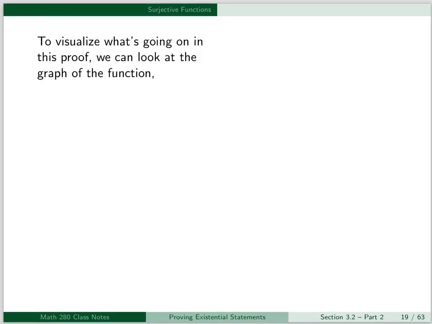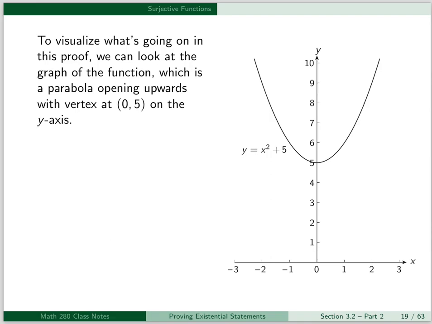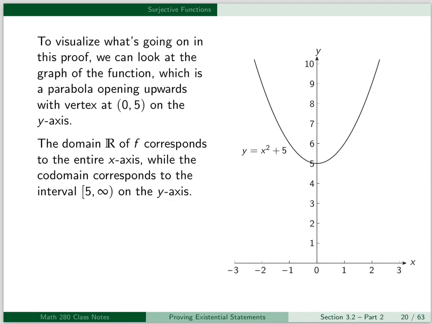To visualize what's going on in this proof, we can look at the graph of the function, which is a parabola opening upwards with a vertex at (0, 5) on the y-axis. The domain R of f corresponds to the entire x-axis, while the codomain corresponds to the interval from 5 to infinity on the y-axis.